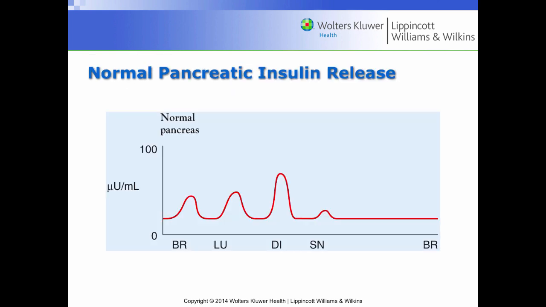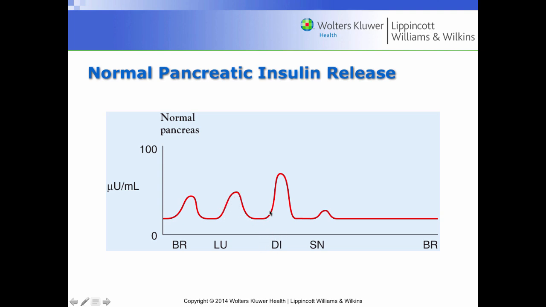Okay. So if we look at the pancreas's normal pattern of insulin release, what we see is a rise in insulin subsequent to every meal. So you consume breakfast, and then it causes a rise in insulin. You consume lunch, it causes an even slightly larger rise in insulin.